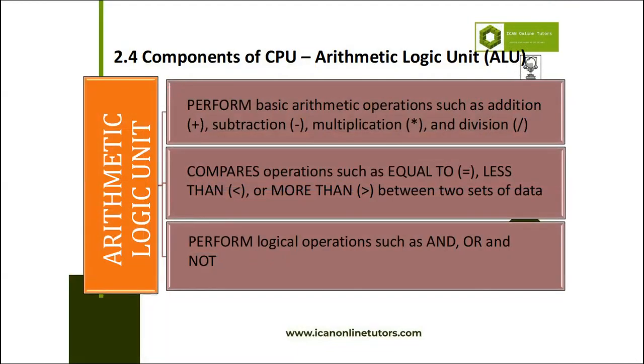So we've looked at and discussed what the control unit is. Now, can we discuss what our arithmetic logic unit is? Like I said, the arithmetic logic unit is just a component of your CPU, and together with the control unit it makes up the central processing unit. The first thing we want to look at is the functions of this unit.